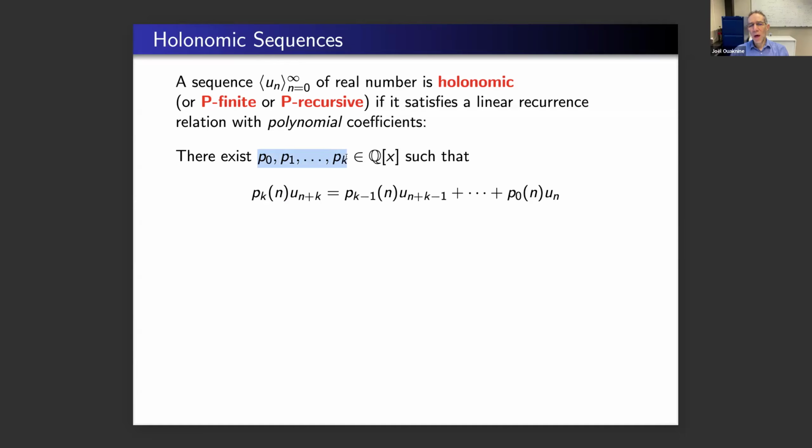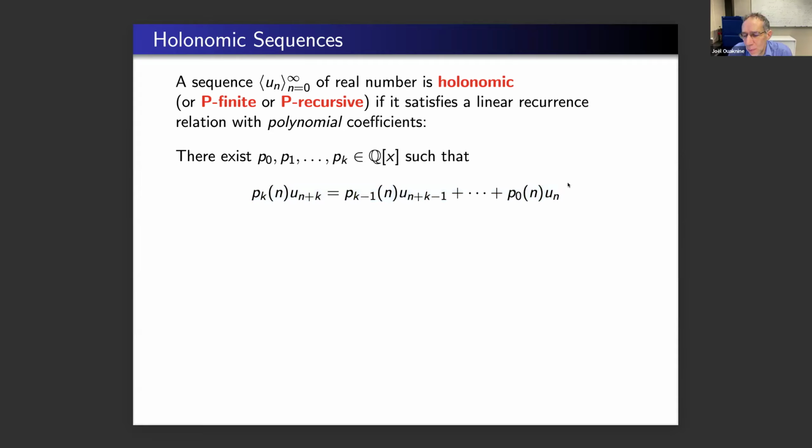You have a bunch of univariate polynomials with rational coefficients, such that the sequence of numbers u_n satisfies that the (n plus k)th term of the sequence times p_k of n is a linear combination of the previous terms in the sequence, where the coefficients are the polynomials, each evaluated at n. Okay, so that's the holonomic recurrence relation.